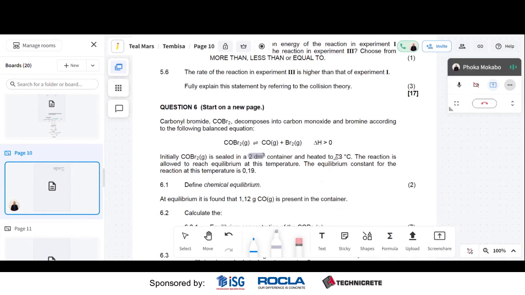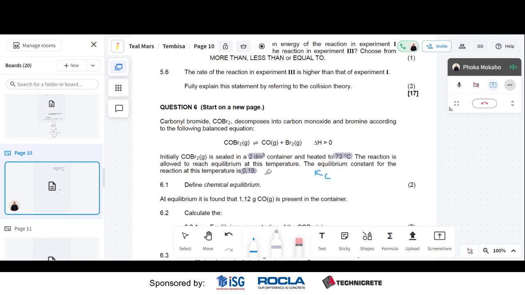The reaction is allowed to reach equilibrium at this temperature. The equilibrium constant, or the Kc value, which is what the equilibrium constant is referred to as, for this reaction is said to be 0.19.